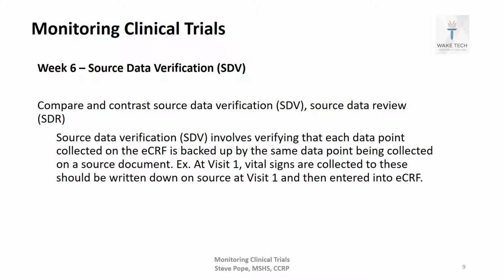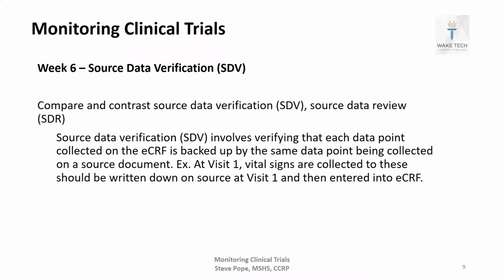And then hopefully the source is correct and they can update the EDC system, because probably there was a data entry error. In many cases, at a lot of these sites, the person that enters the data into the EDC system may or may not be the same person that collected it at the visit. Whenever you see that, many times you're going to find a few more data entry errors.